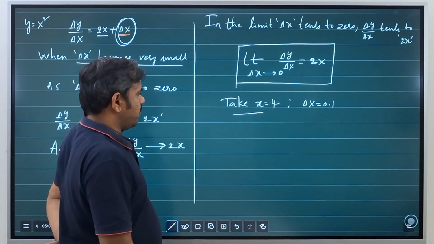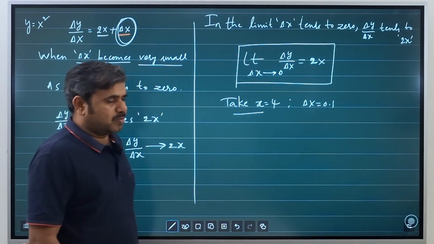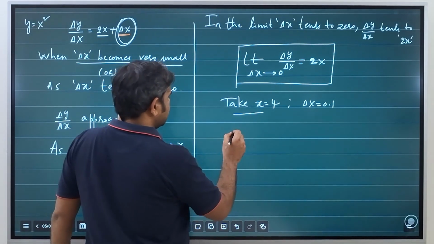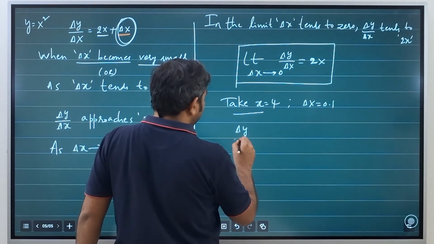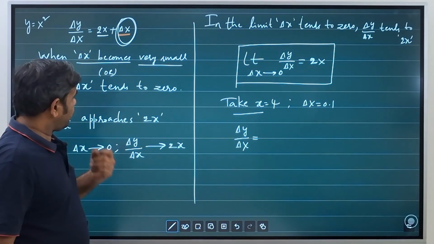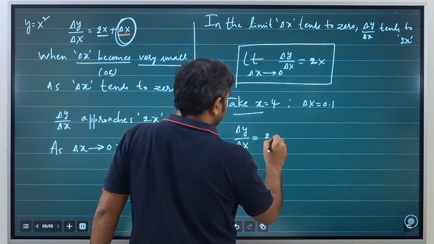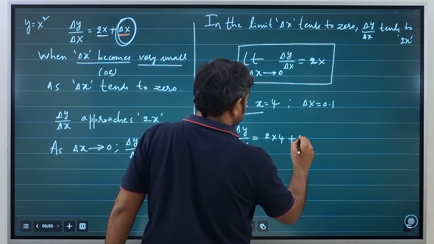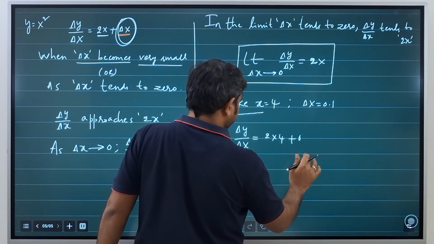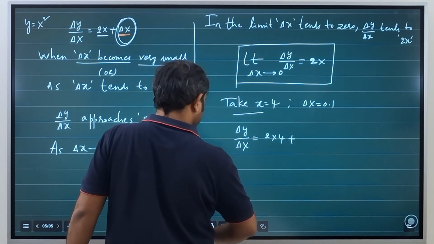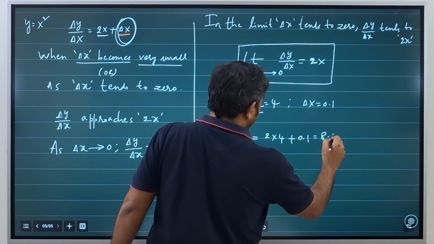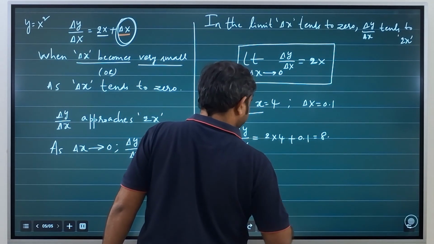Take x is equal to 4 and delta x is equal to 0.1 and substitute them here. You will get delta y by delta x is equal to 2 into 4 plus 0.1. You are getting 8.1.